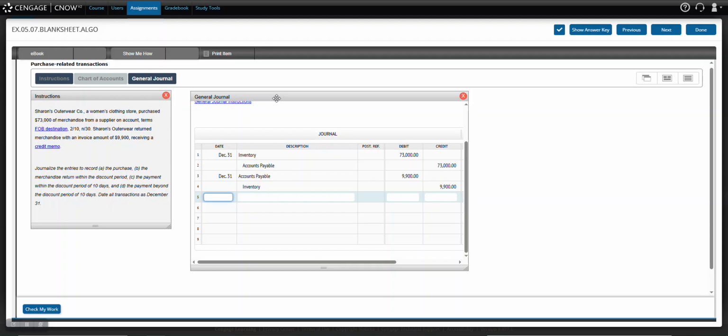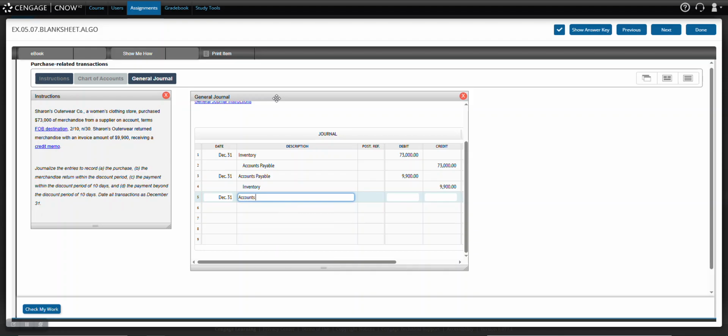Then they said they want us to record the payment within that discount period, and then record the payment if we couldn't do it within that 10-day period. Let's look at the first one. If we could pay them within that 10 days, we don't owe them as much money as we previously did. When we pay off a creditor, that eliminates our liability to them.